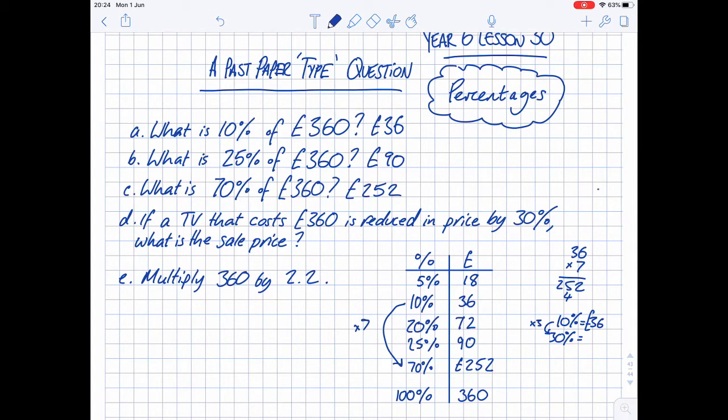So that would be 90, 6, 12, 18, £108. So that's what the TV's been reduced by. So it was £360. It's been reduced by 108. So the new price of the TV, 10 take away 8 is 2, 5 take away nothing is 5, 3 take away 1 is 2. It is £252.